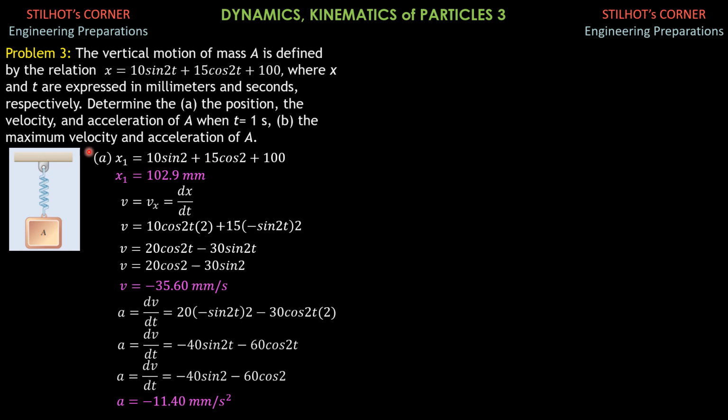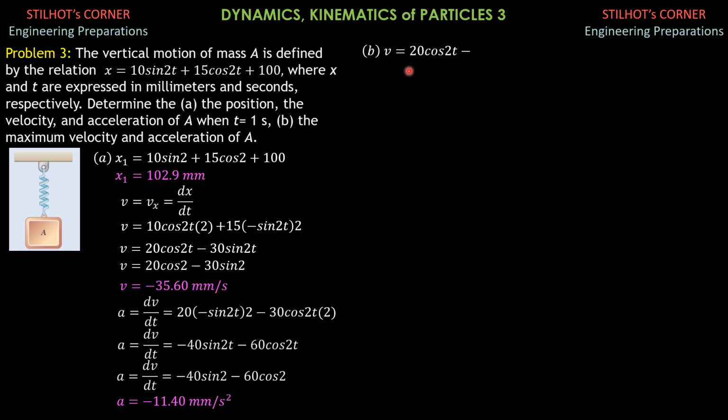So to obtain the maximum velocity and acceleration of A, we differentiate velocity with respect to time and equate it to 0. So, to maximize the velocity, we differentiate v with respect to time and equate to 0.